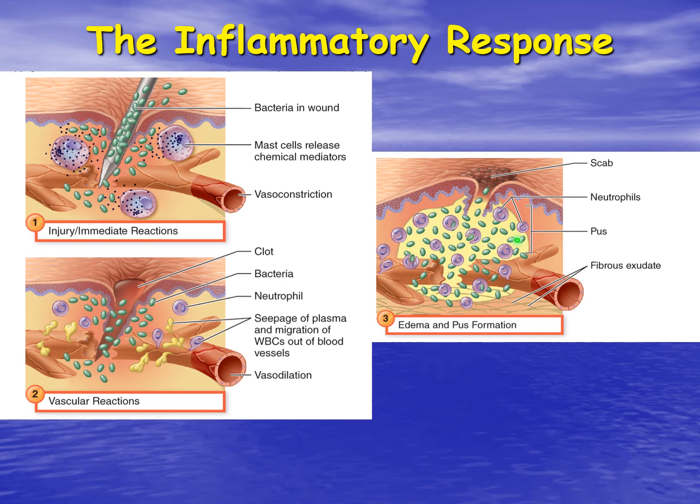The macrophages usually come in a little bit later and finally clean up the entire mess. Neutrophil numbers peak within about the first 24 hours after injury has occurred. Macrophage numbers won't peak until sometime around 3 to 5 days after injury has occurred.